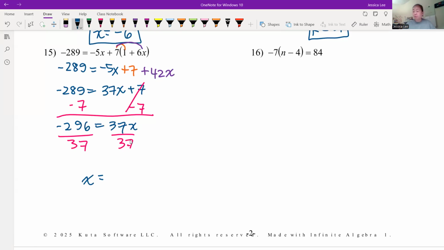Okay, I might need to calculate for this one. Because that's, did I subtract that right? 42. Yeah, 37. Huh. Okay, let's go. 296 divided by 37.